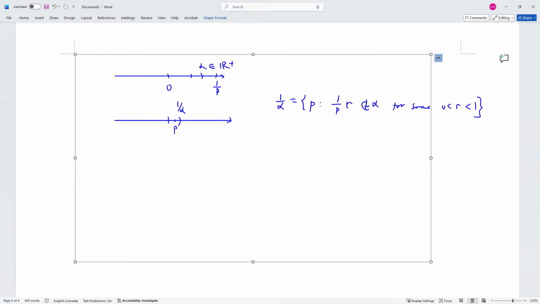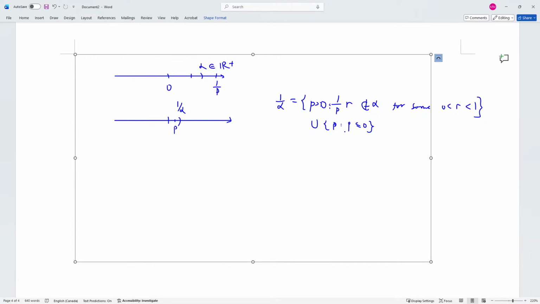If P is negative, then 1 over P would still be in R. So this obviously refers to P that are positive with this property, and then union P such that P is less than or equal to 0. It's not that elegant, but it works.